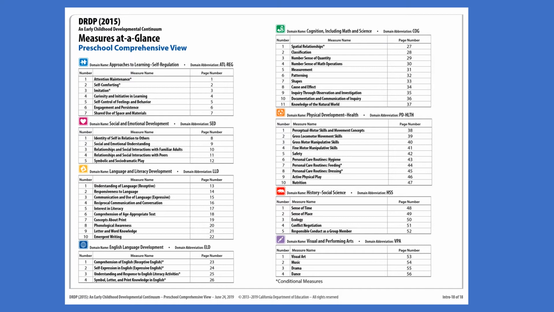So when we think about learning domains or developmental domains, some things should come to mind. For example, we should think about the language and literacy domain. Cognitive domain, which is typically later on in school broken down into subject areas like math and science.